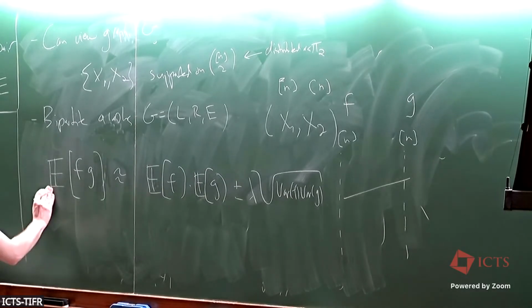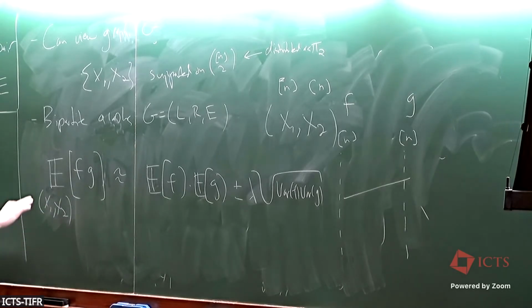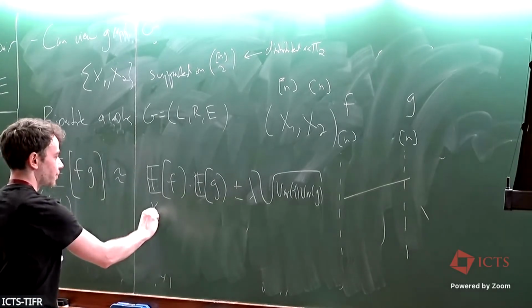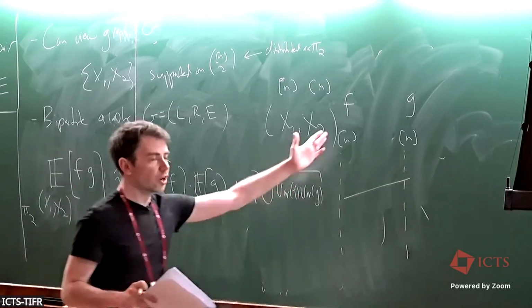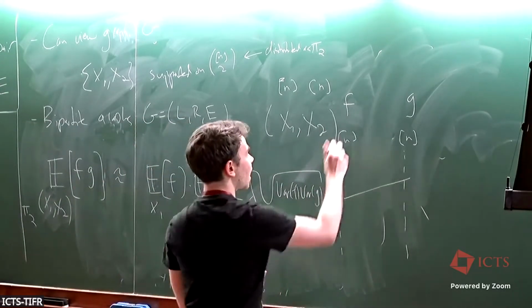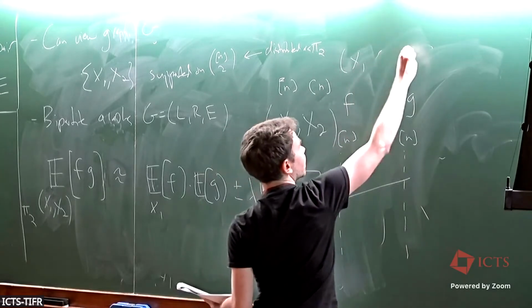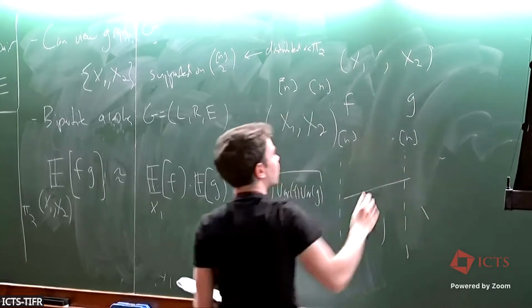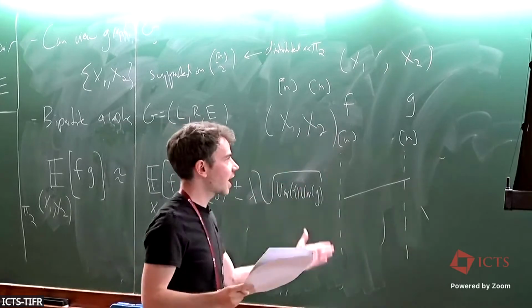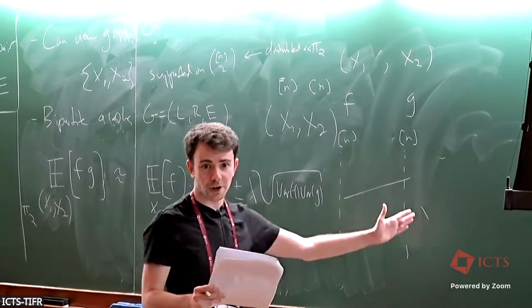Yeah, thank you. So this is with respect to the joint distribution x1, x2, which, as you said, is distributed like pi2. And this is just with respect to x1, which is the marginal distribution, right? So now that I have x1, x2, when I have this view of things, this is like how is the left part distributed and the right part distributed?